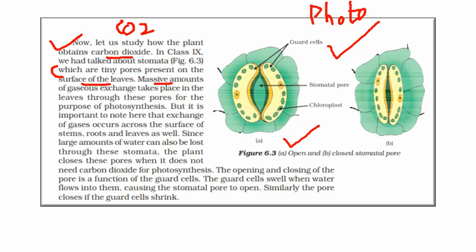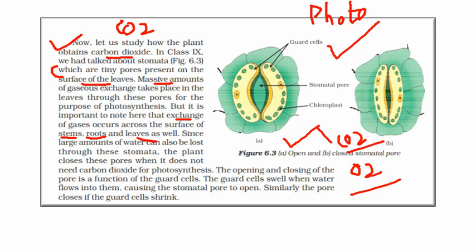Clear? It is important to note here the exchange of gases, the exchange of CO2 and another gas, oxygen. This exchange of CO2 and O2 gas occurs across the surface of the stem, roots and leaves as well.